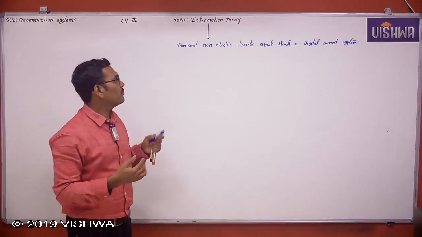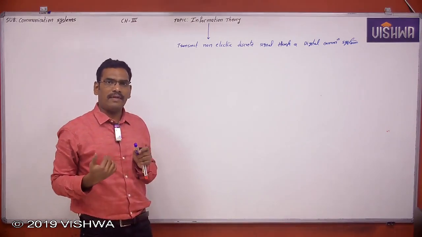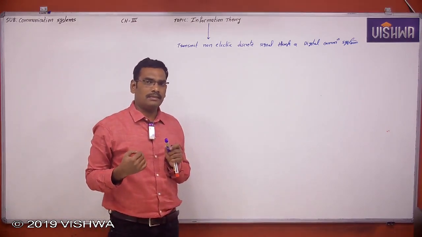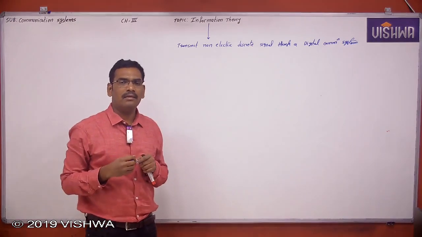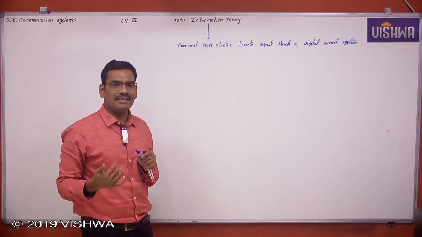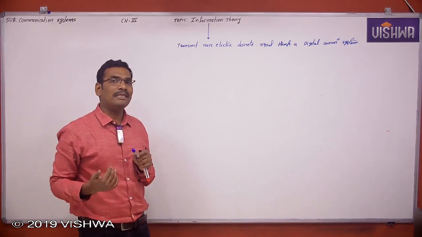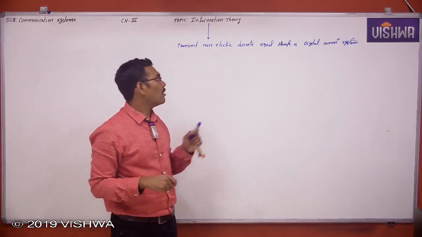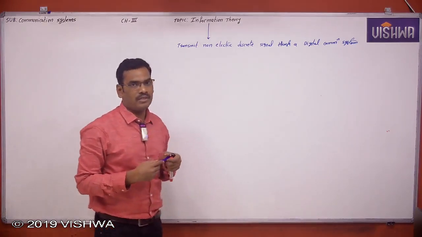Information theory is used in things like a fax machine, or sending an SMS. These non-electrical discrete signals are transmitted through a digital communication system, and this is where the concept of information theory is utilized.